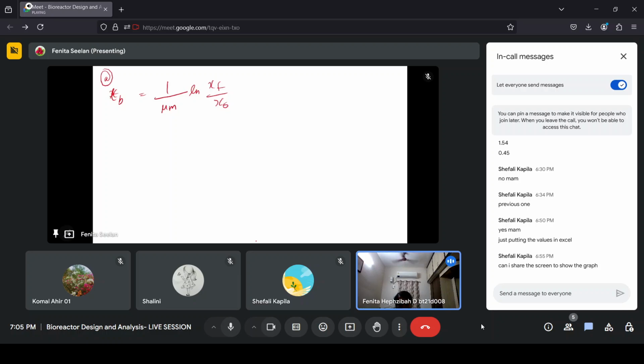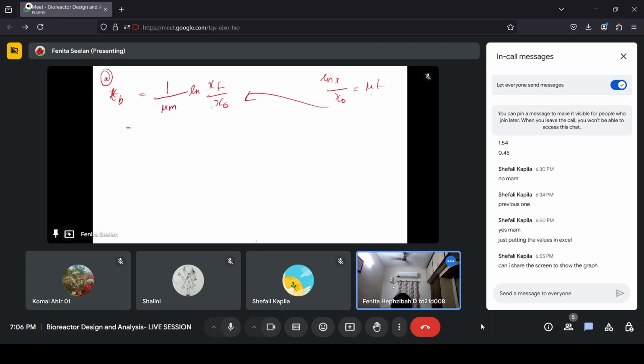We have already done this formula, remember? ln of xt by x naught equals mu t. This is adapted from there. I have just included mu max to mention the maximum specific growth rate, and t is your batch time. I have just given the annotation here.